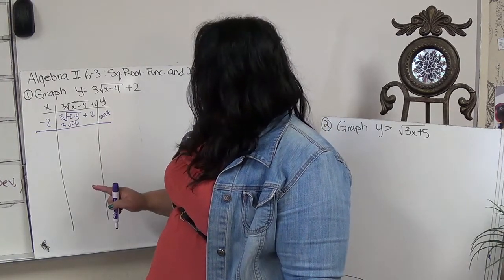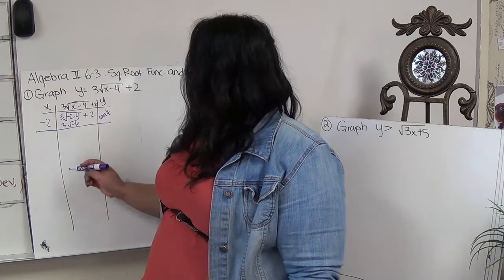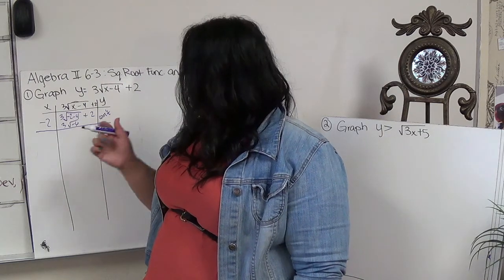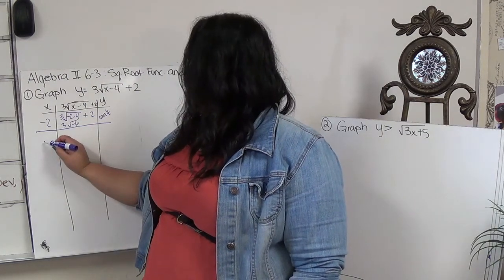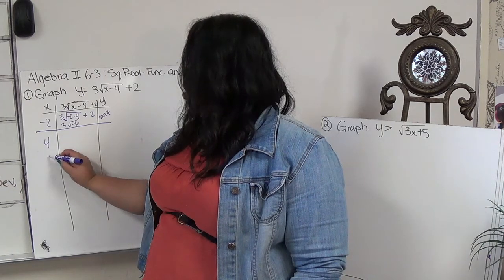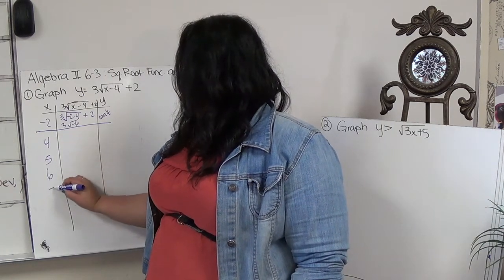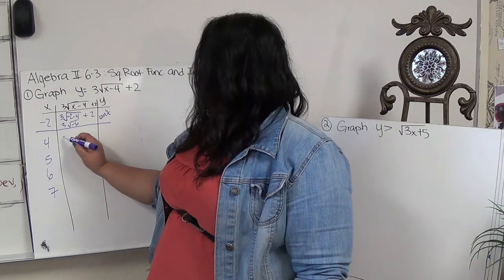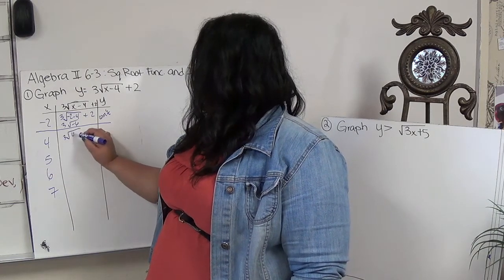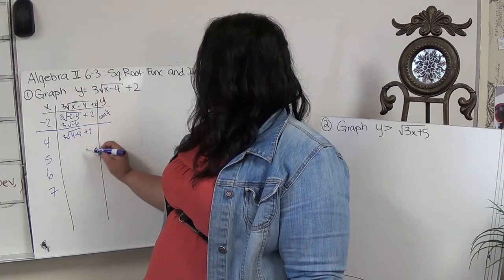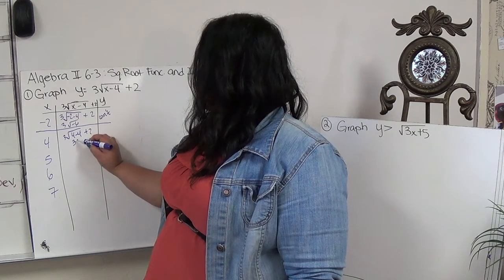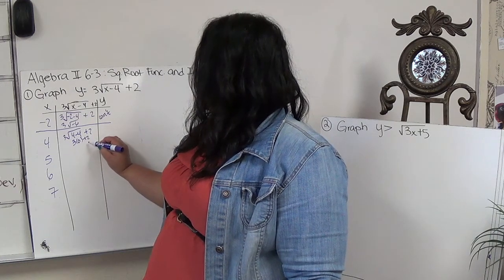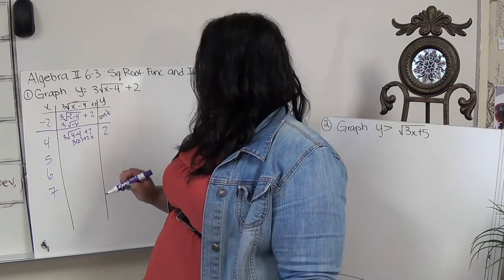So I'm going to do the same 4 points, but I'm going to start with 4, because 4 makes the inside 0, and I can at least work with that. So 4, 5, 6, 7. We have 3 square root of 4 minus 4, plus 2, which is 3 times 0 plus 2, which is 2.